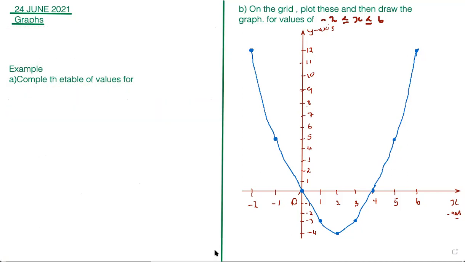Now we continue to part C of the question. The question goes on, right?